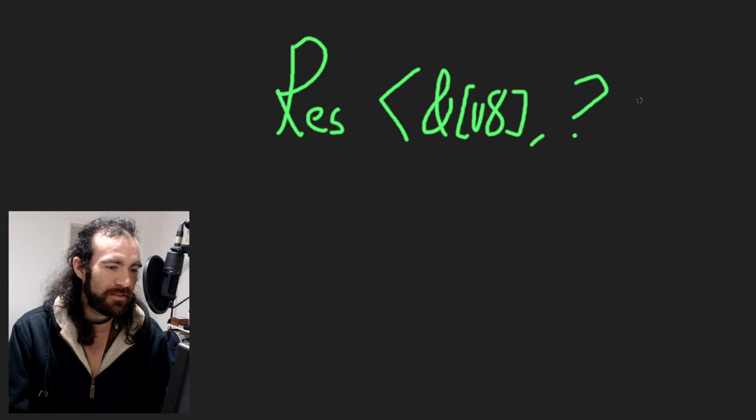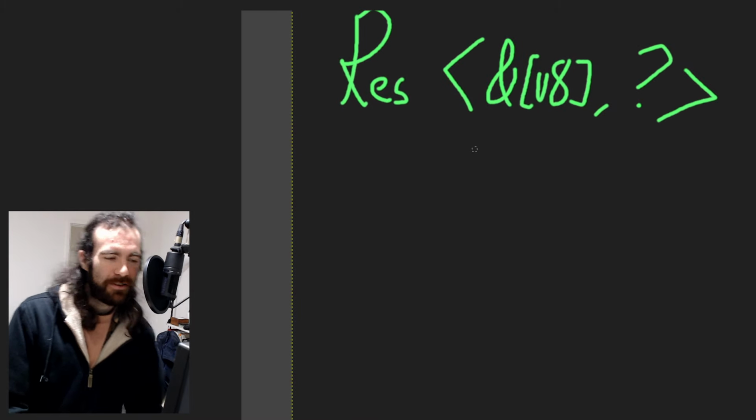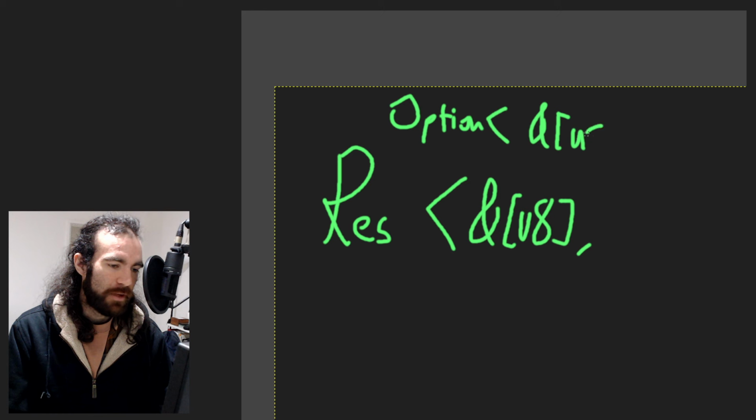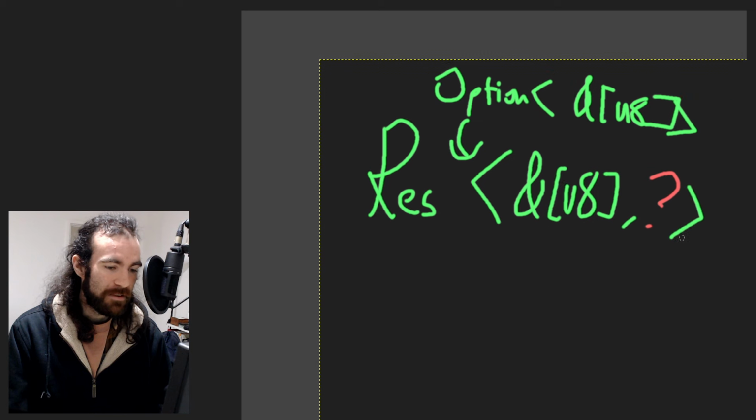So I have this. Actually, is there a way to do it? Hold on. What I actually have, there's a step 0 here where I have an option of ref to U8, right? I go to this. I can choose what this error type is.